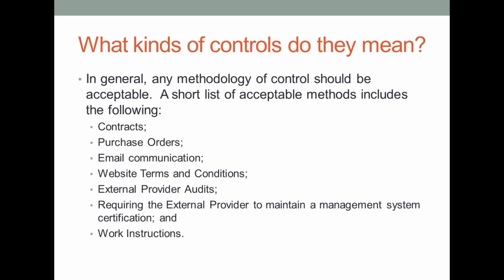Requiring the external provider to have some sort of certification, whether it be ISO 9001 or some other relevant certification. And in some cases, even providing work instructions directly to the external provider to make sure that the steps are followed.